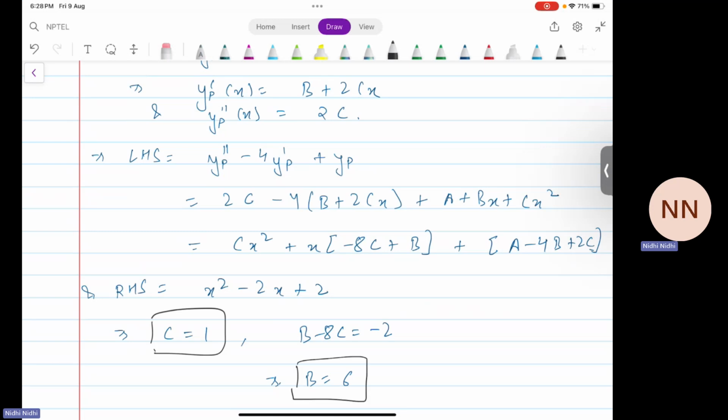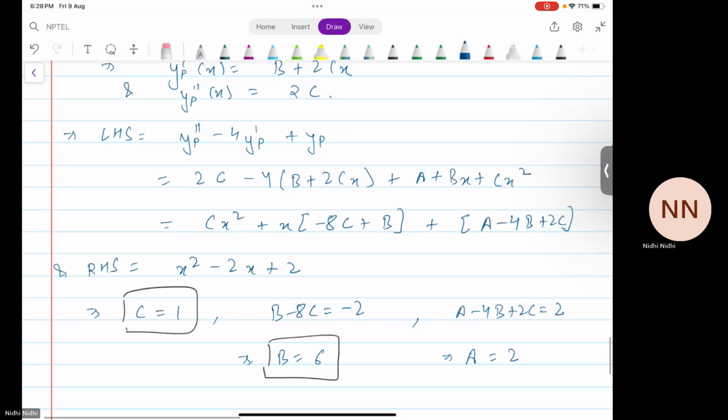Also comparing the constant terms, we get a minus 4b plus 2c is equal to 2, which gives us a is equal to 2 plus 4b minus 2c. b is 6, so 4 times 6 is 24, minus 2c, the 2 gets cancelled out.